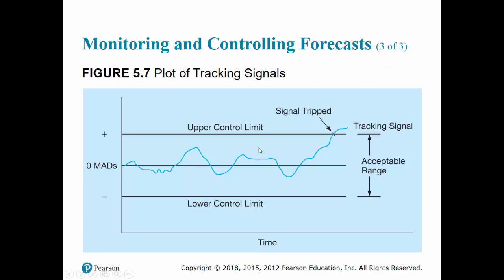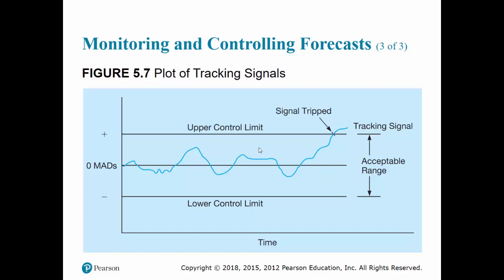Not all items are equal. There are some items which are very critical, and you have to make sure that your forecasts are accurate. Then you set a very narrow range, plus or minus 1.5 or plus or minus 2. But if it is not such an important item, then you can have a more generous range of acceptable values.